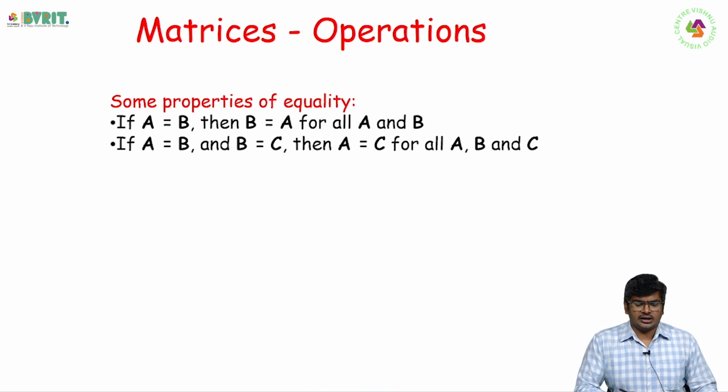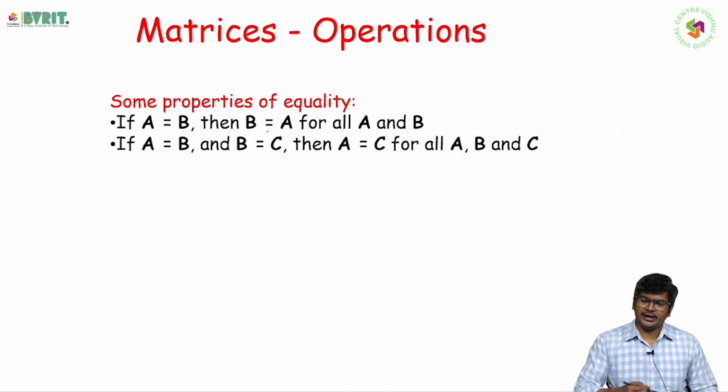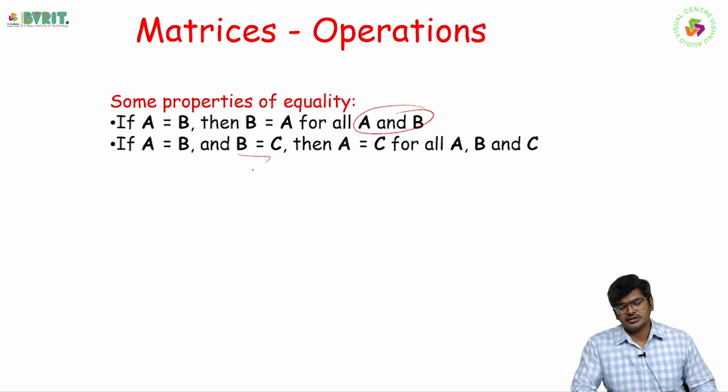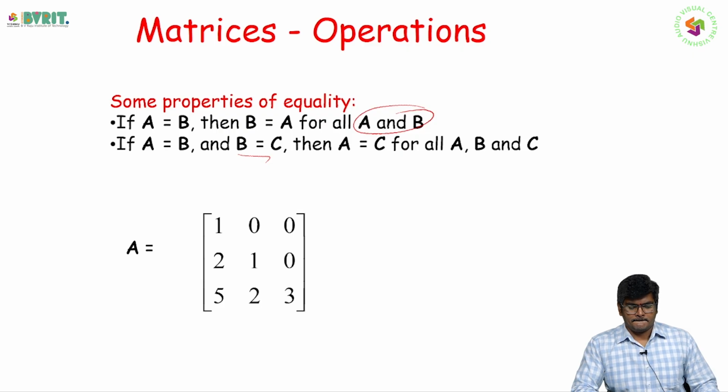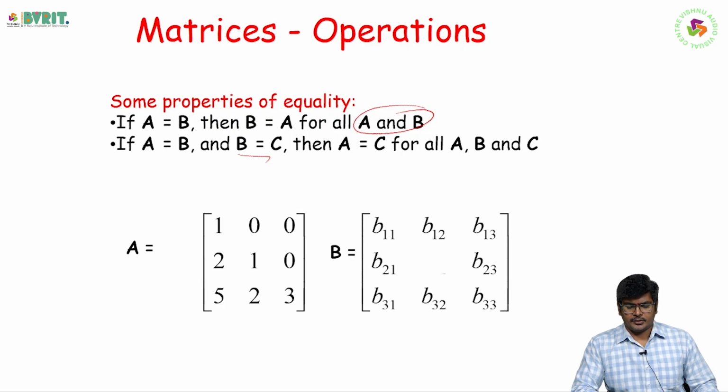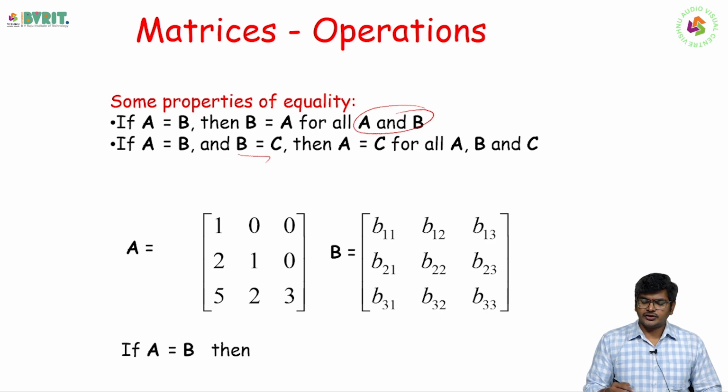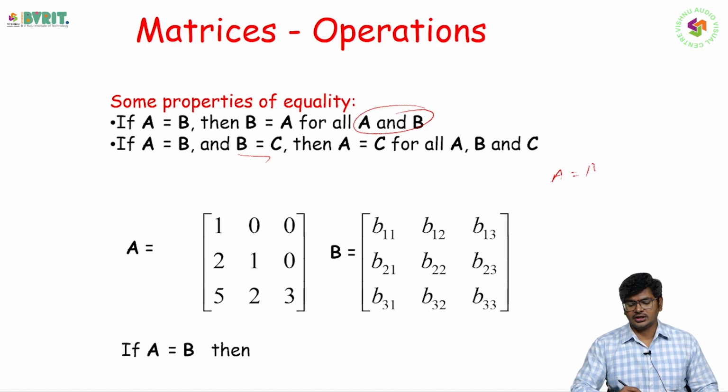Some properties of equality. If A is equal to B, then B is equal to A, for all A and B. If A is equal to B and B is equal to C, then A is equal to C, for any matrices A, B, C. For example, A is equal to [1 0 0; 2 1 0; 5 2 0] and B is equal, so A is equal to B. Given two equal matrices, the B11 element is 1, B12 element is 0, B13 element is 0.